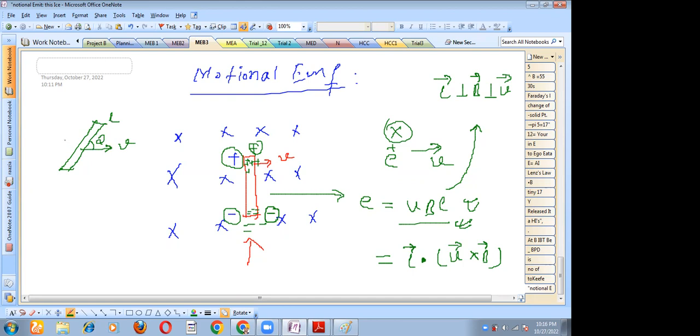In that case, we have to take the perpendicular component, V cos theta, and we get the induced EMF as VBL cos theta. Here the angle between V and B is 90 degrees, but the angle between V and L is theta, so you have to take the perpendicular component of the velocity. Getting my point? Yes, sir. This is the concept of motional EMF associated with a conducting rod across a magnetic field.